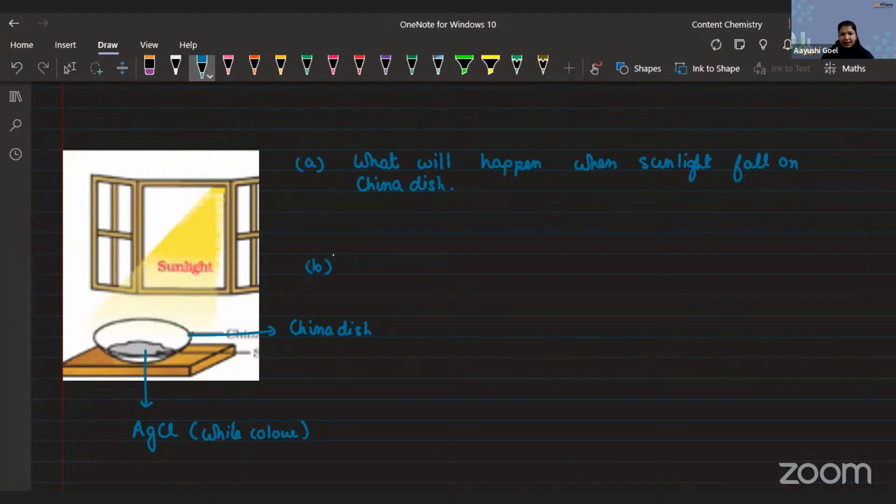B: Write the complete reaction. And C case: What will happen if we close the window?